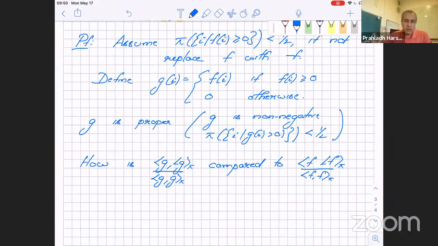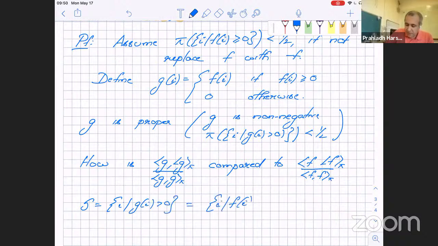What we'll show is that this is a summation, and term by term things drop. So let's look at S, which is the set of all i such that G(i) is greater than 0. This is the same as the set of all i such that f(i) is greater than 0.